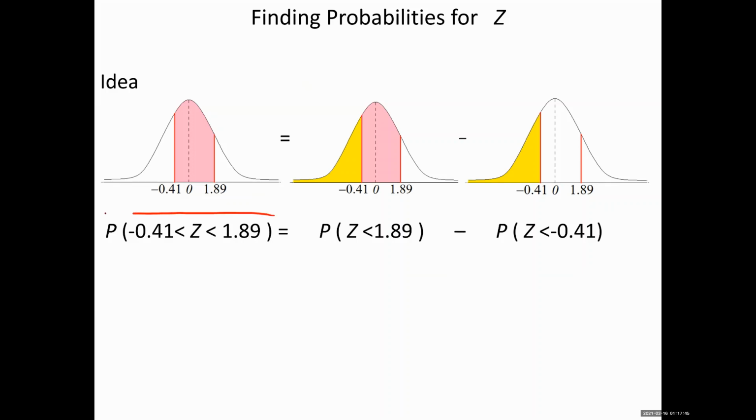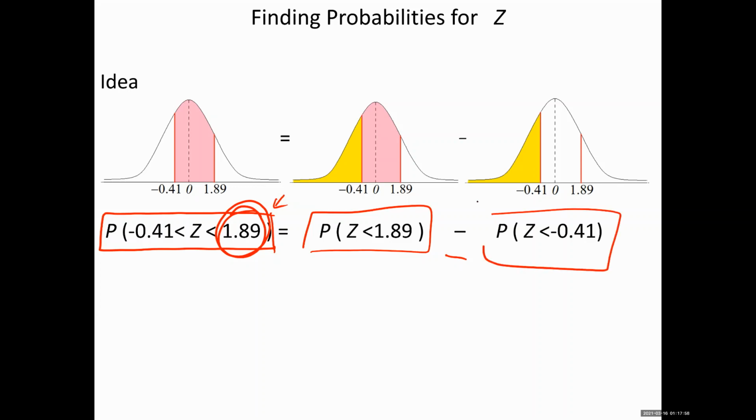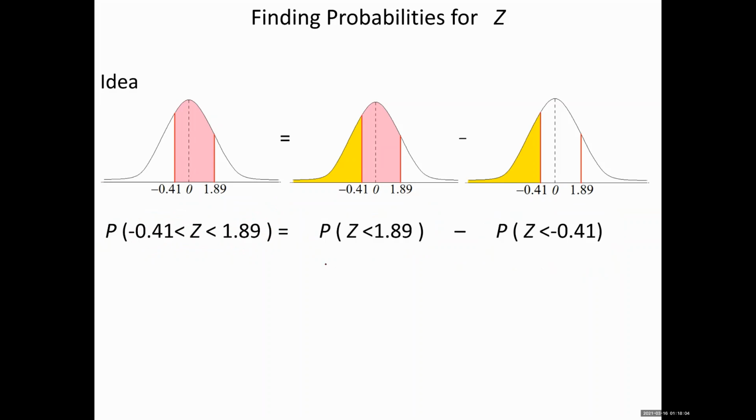When you find the probability Z between two numbers, the first term is going to be probability Z less than the number on the right. Probability Z less than the right number minus probability Z less than the left number. Make sure you understand these two terms are both less thans. That's the whole goal. Take whatever problem you have and turn them into less thans, because when they're less thans, you can look it up in the table.